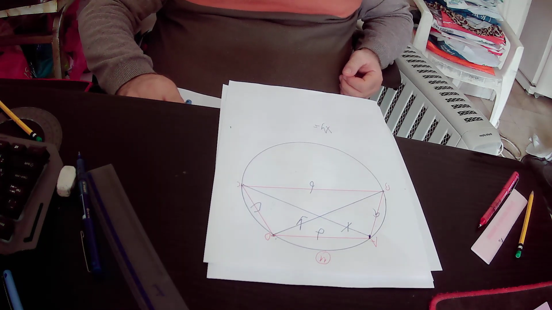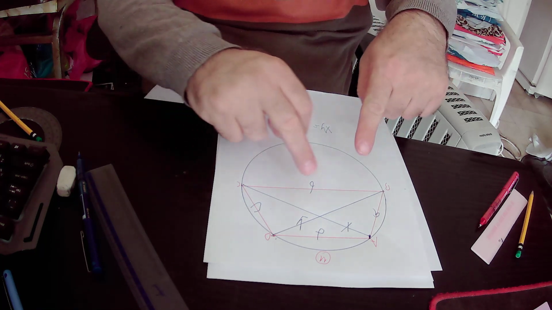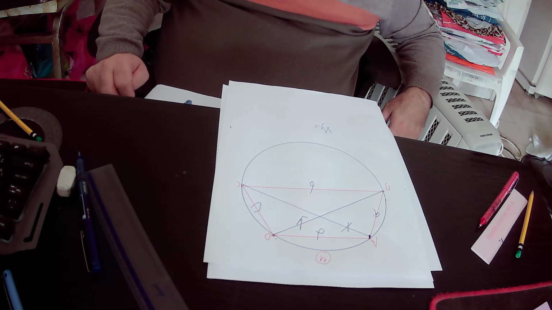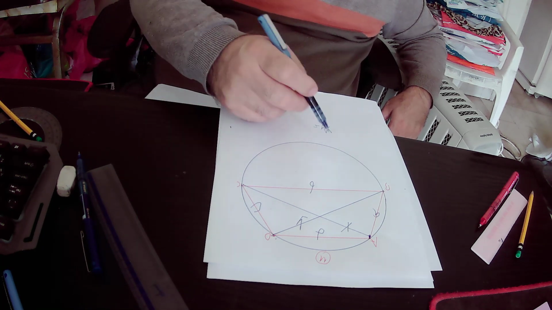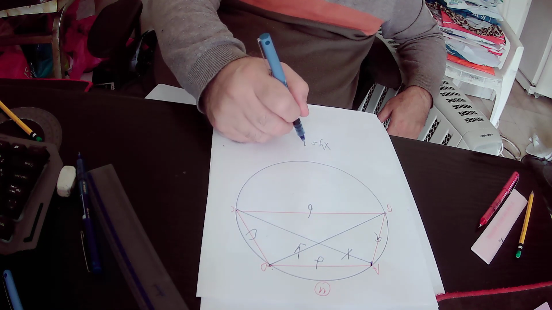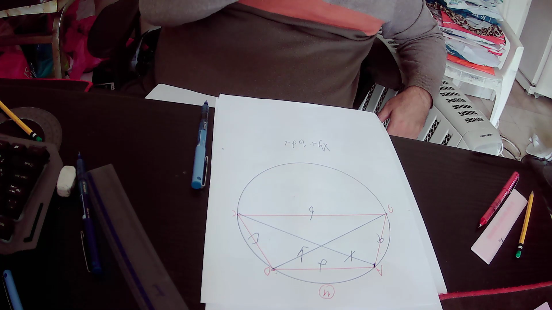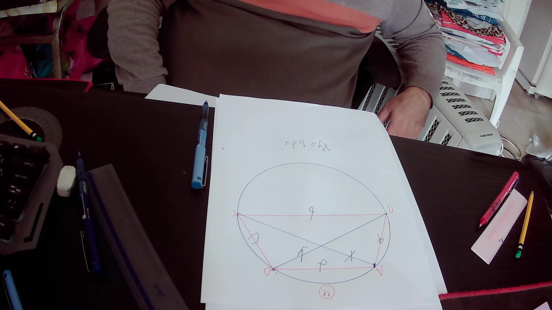The first pair of opposite sides is side BC, opposite to side AD, and the product of the opposite sides is actually B times D. The quadrilateral ABCD also has a second pair of opposite sides.